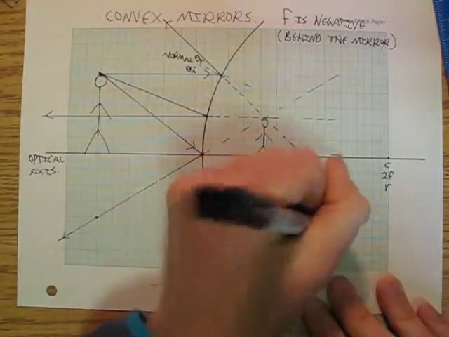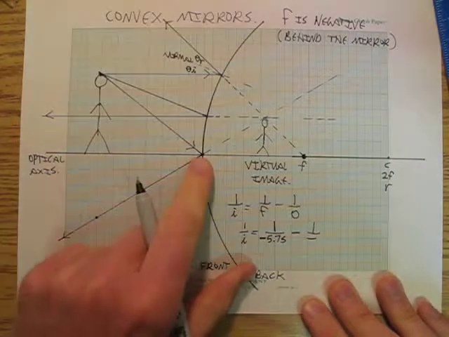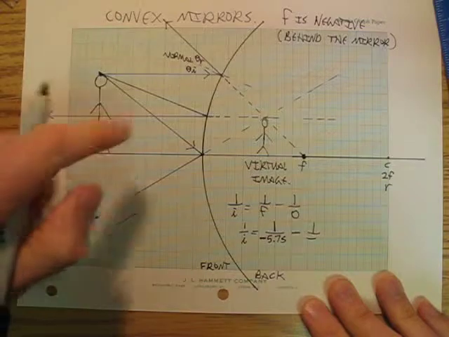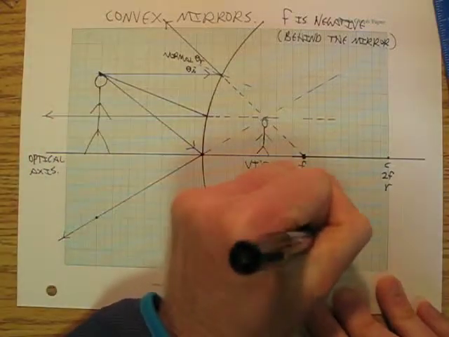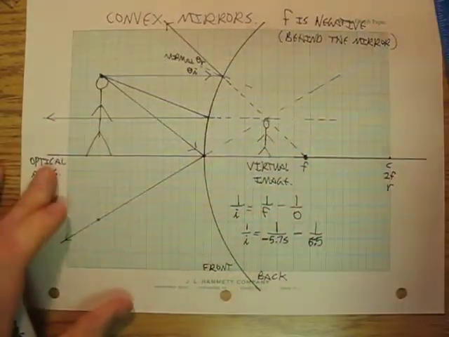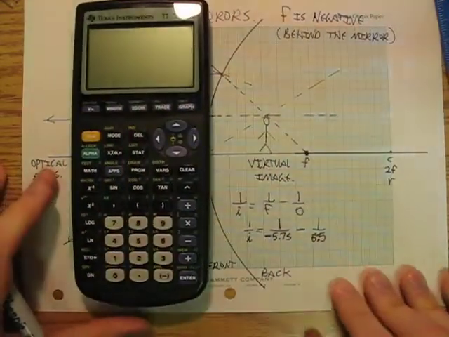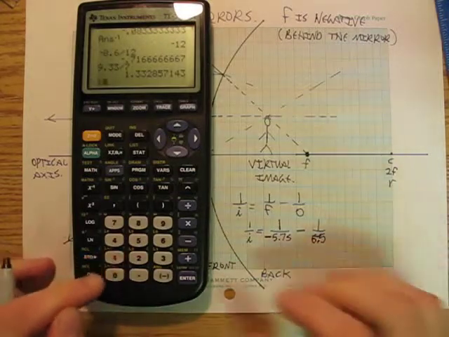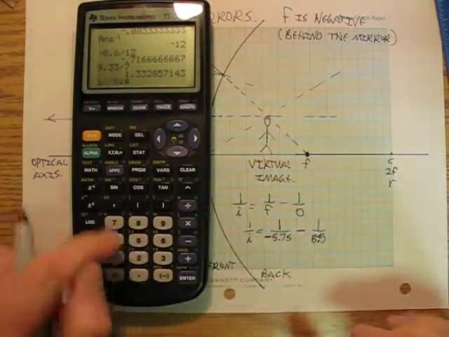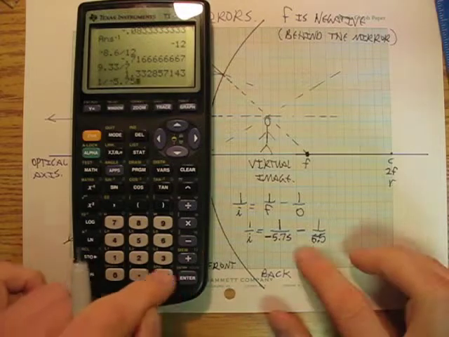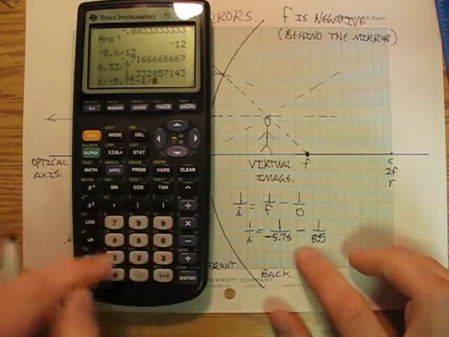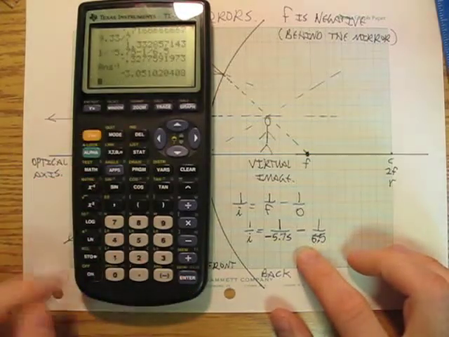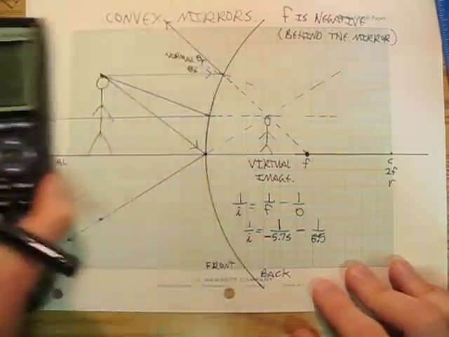And then my object is, let's see, 1, 2, 3, 4, 5, 6, 6.5. And so I get 1 divided by minus 5.75 minus 1 divided by 6.5, and then I have to take the inverse of that, and I get -3.